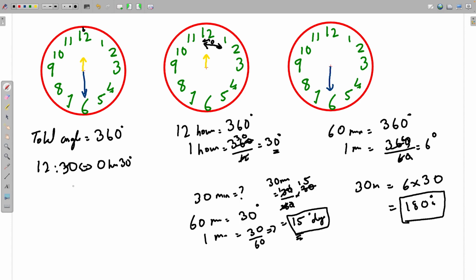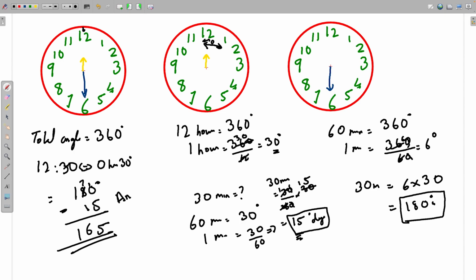So for 12:30, the angle between them is 180 degrees minus 15 degrees, which is 165 degrees.